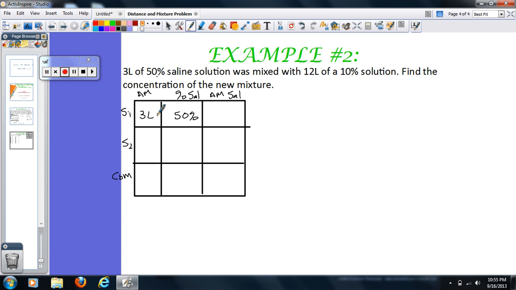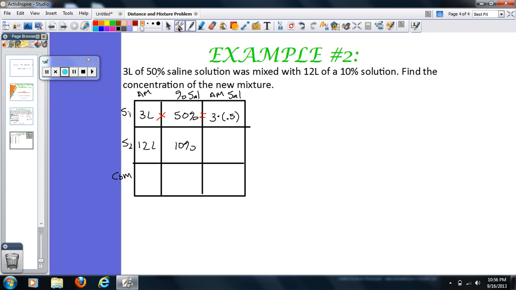Now this is how we find this box, and I'm going to do this in red. It's the first box times the second box equals the third box. So this would be 3 times 50%, or 0.5. It says it was mixed with 12 liters of 10% solution.